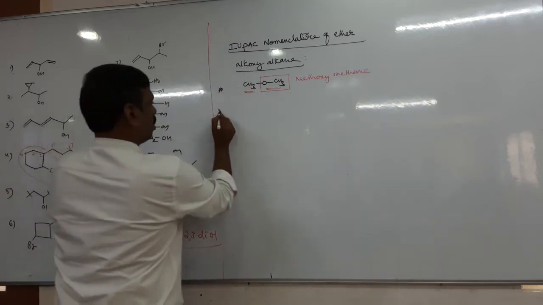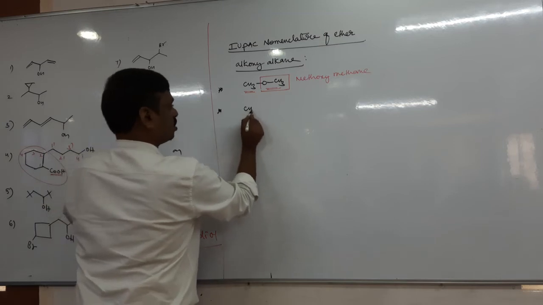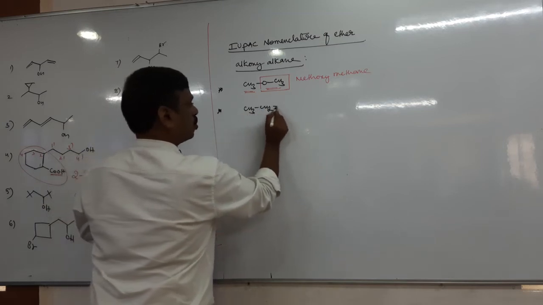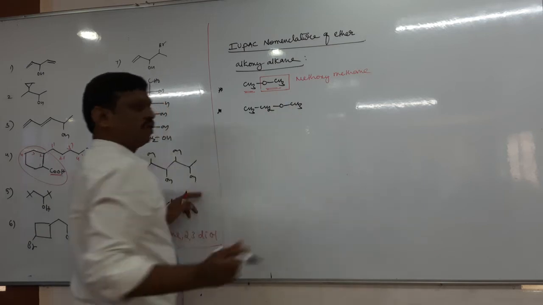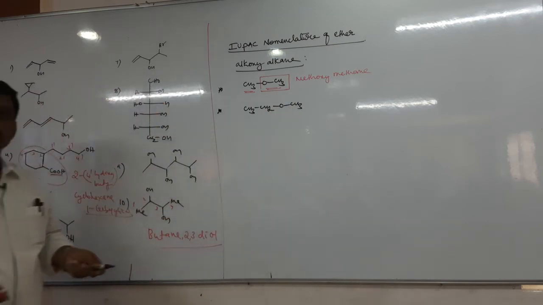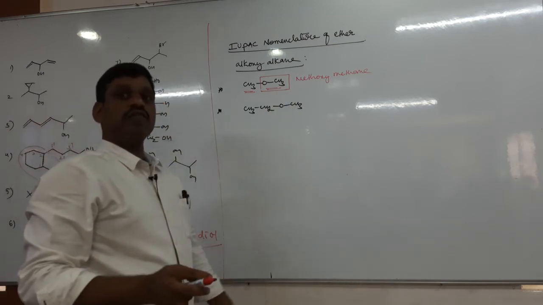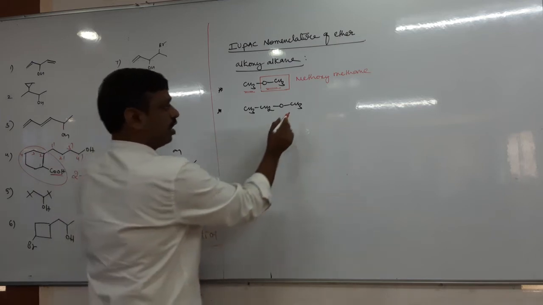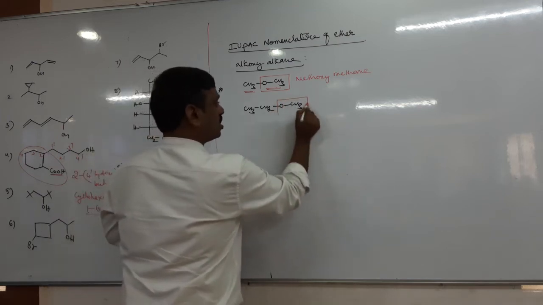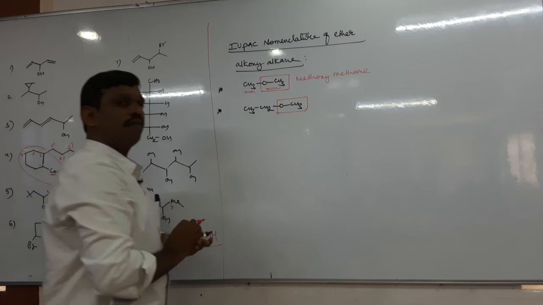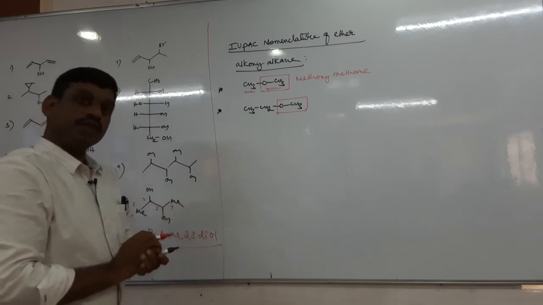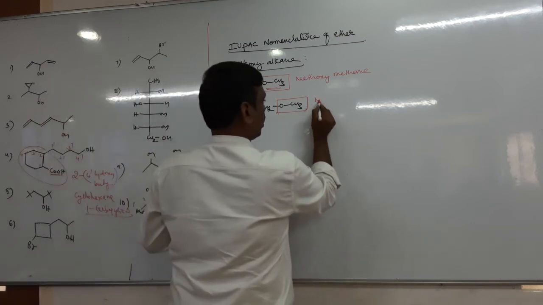Next, one more example, CH3CH2OCH3. Now, the smaller alkyl group is taken with oxygen as alkoxy. It is one carbon and oxygen, therefore it is a methoxy. Methoxy ethane.